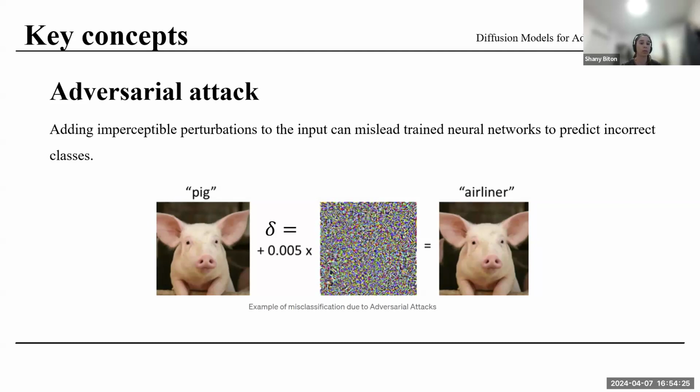However, we all know this is a pig. It looks like a pig. So using these small perturbations is not random, and it actually needs to be learned by the attacker how to create it. So how do we do it? How do we teach the attacker what kind of adversarial examples will be useful?